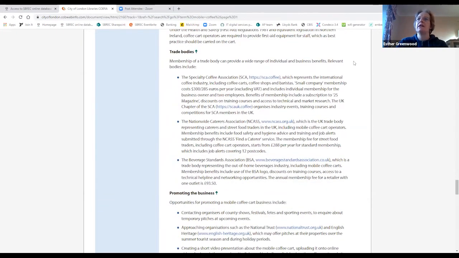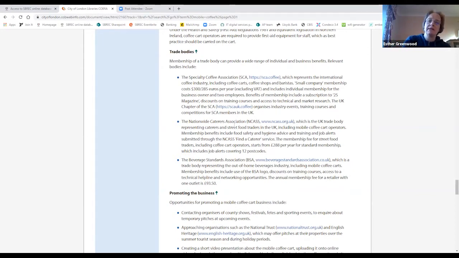We mentioned earlier about keeping up to date with all the changes in legislation or regulations, and trade bodies can be useful for this. It mentions a few here, like the Beverage Standards Association or the Nationwide Caterers Association. These are trade organisations which you may benefit from joining.